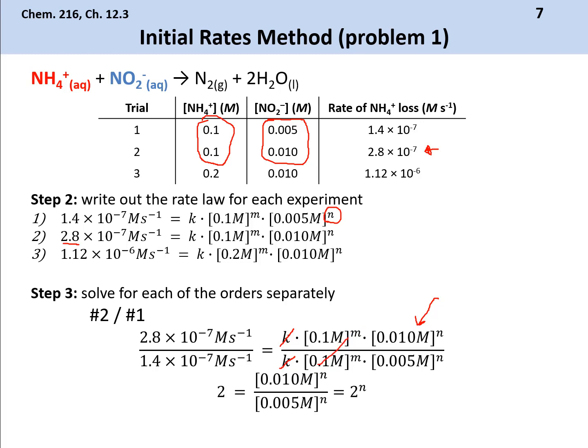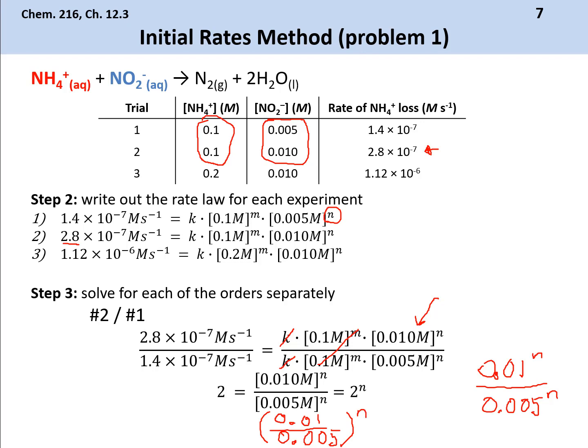Now, I need to use some math skills. If I have 0.01 to the n, and I divide this by 0.005 to the n, that's the same as 0.01 over 0.005, all to the n.